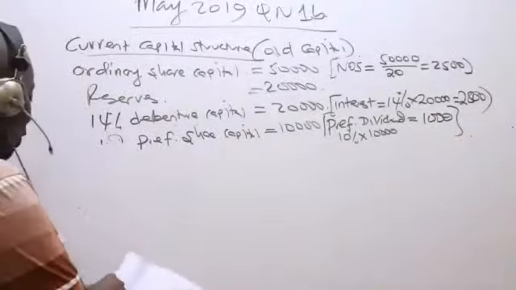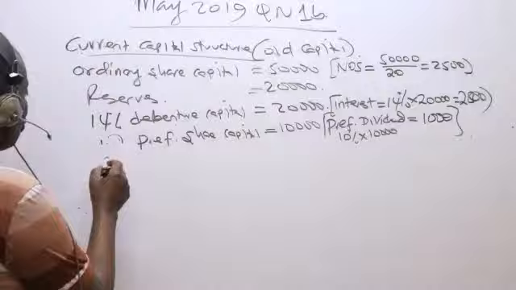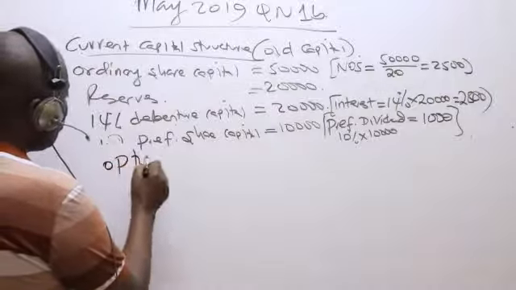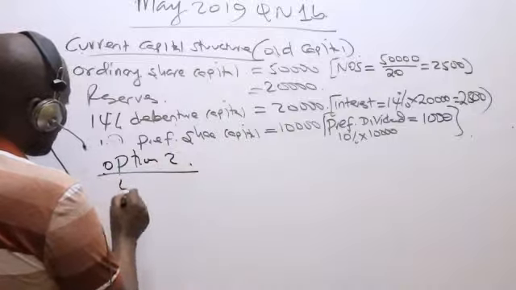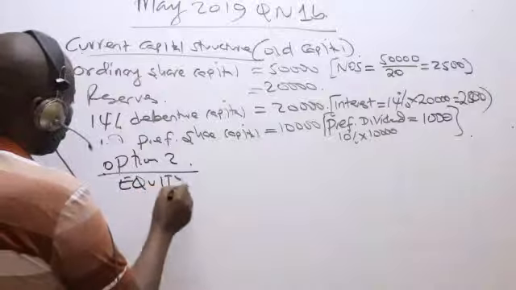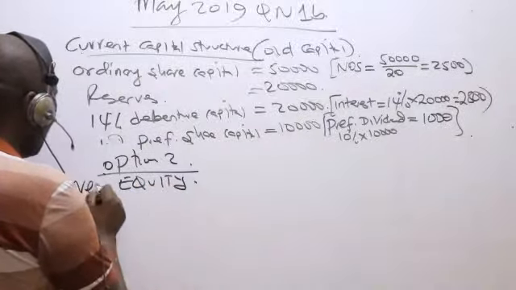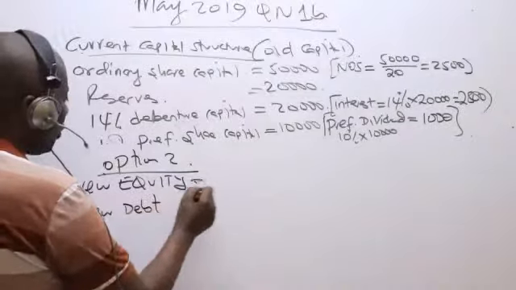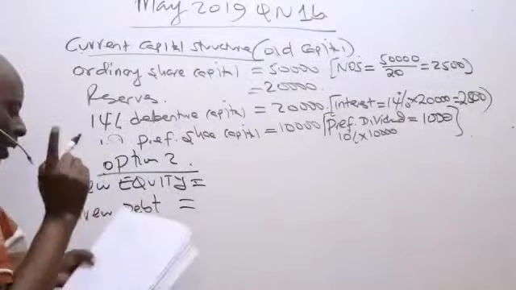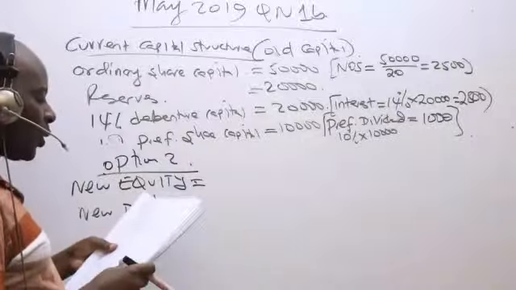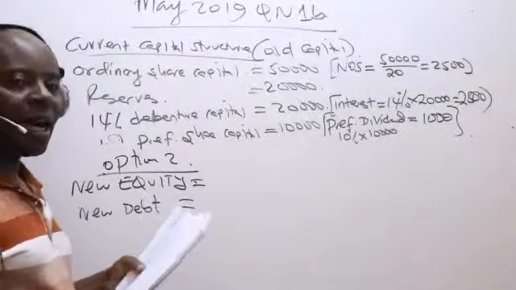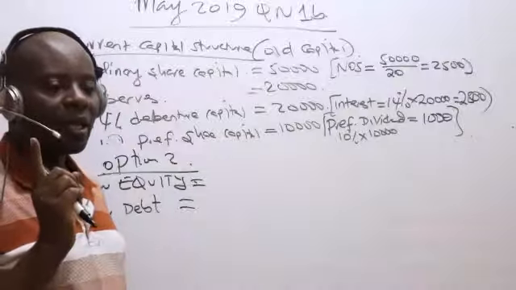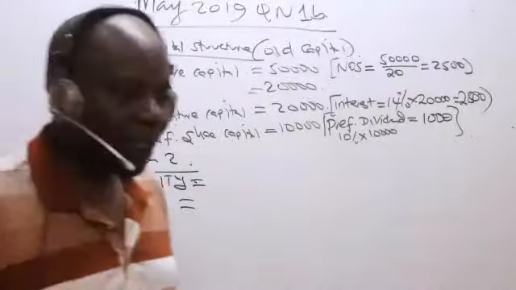Now let's go to the second arrangement. So option 2. Try to understand option 2. We are going to have new equity and a new debt. Under option 2 is to raise half of the funds.